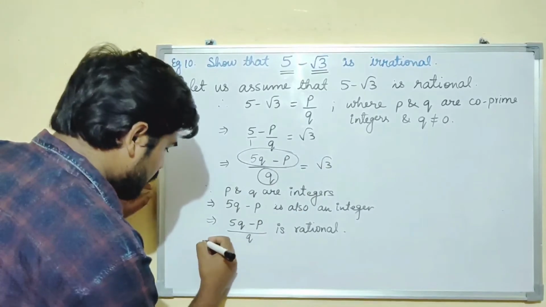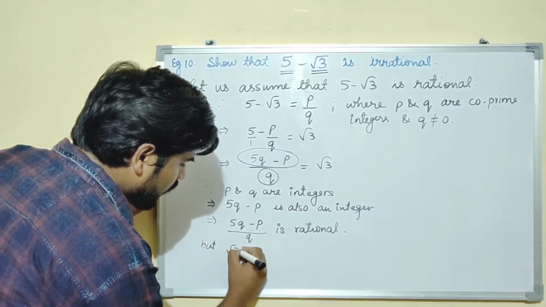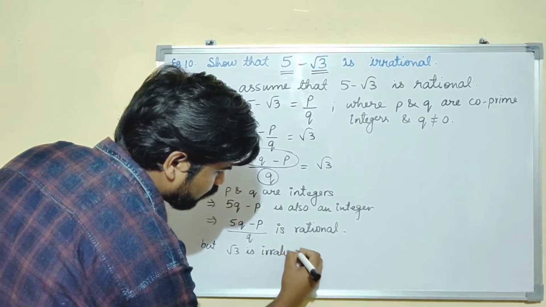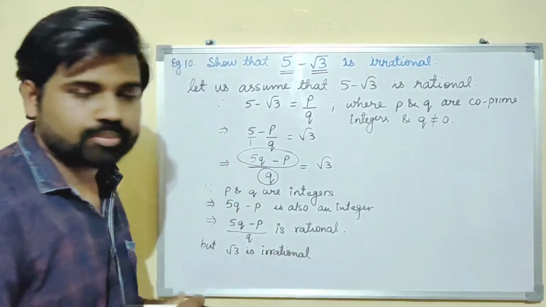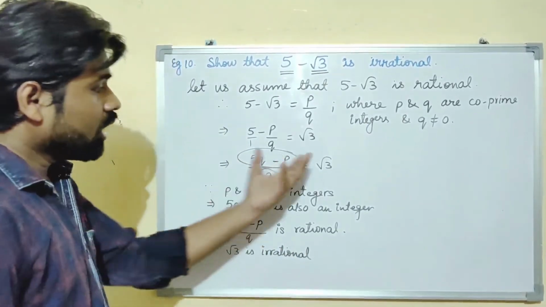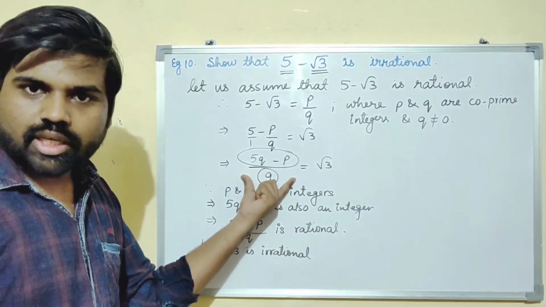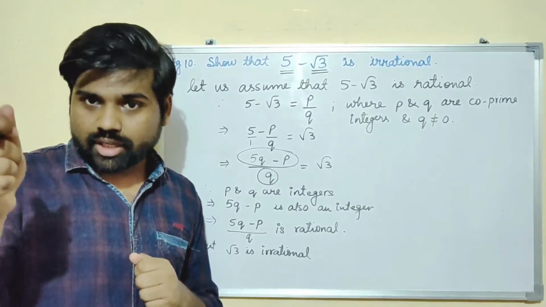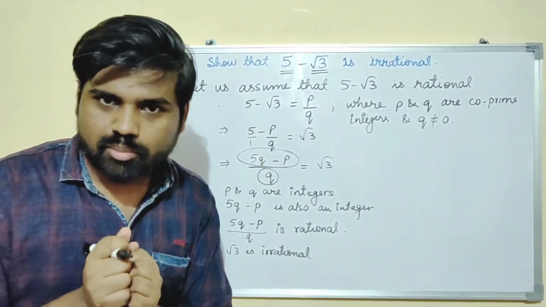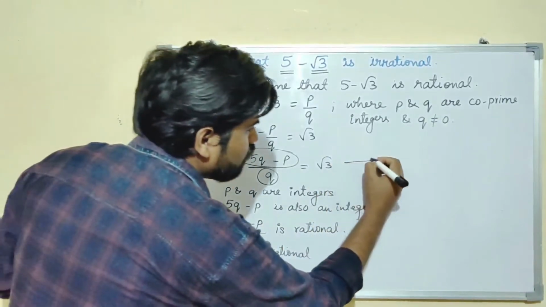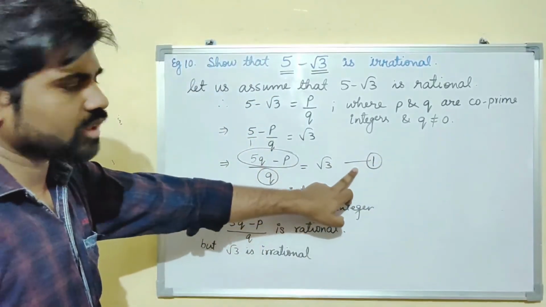But root 3 is irrational. We have studied and proved that root 3 is irrational, right? Your right hand side is irrational, your left hand side is rational. Can this be possible? If a rational number is equal to an irrational number, is it possible? No. Let us assume this equation as first.